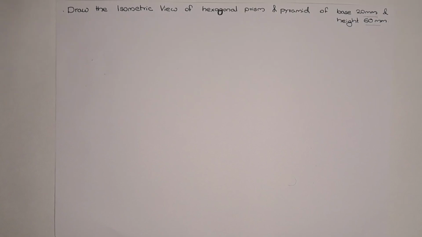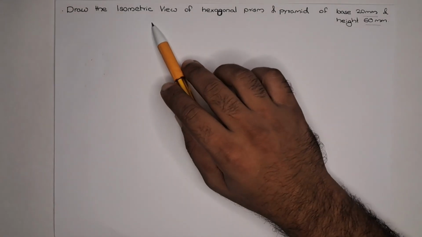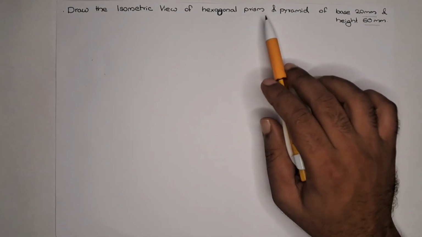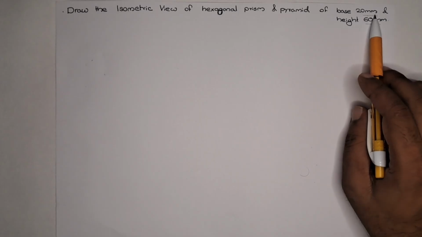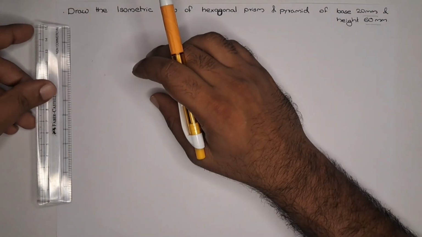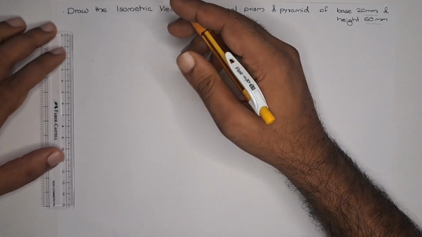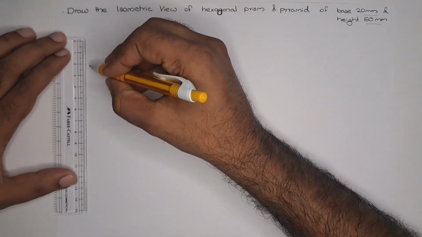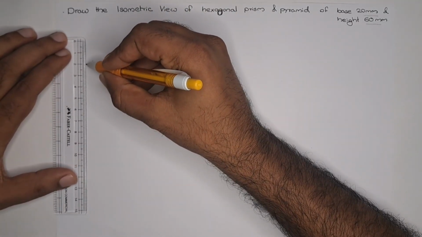Hi everyone. Today we are going to discuss the isometric view of a hexagonal prism and pyramid of base 20 mm and height 60 mm. First, we are drawing the hexagon with base side 20 mm.